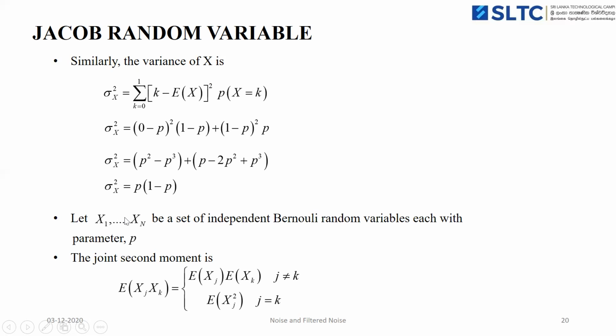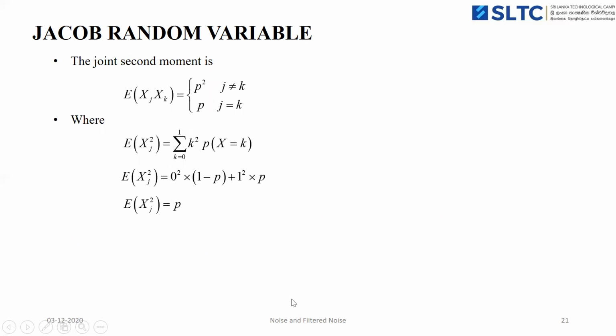So now consider the set of independent Bernoulli random variables X1 to Xn, right? Each has the mean value p. Then the joint second moment will be calculated, that is, expectation of Xj into Xk. If j not equal to k, then it is the product of Xj into Xk. If j equal to k, then it becomes Xj squared.